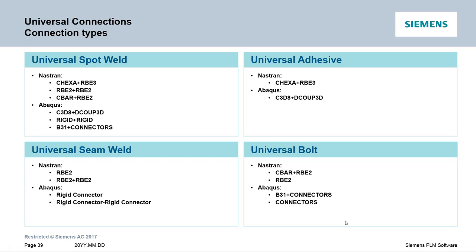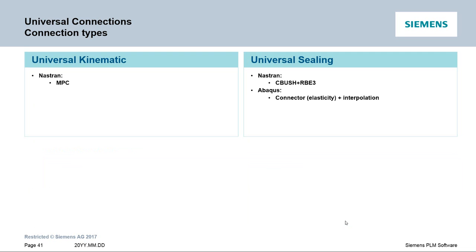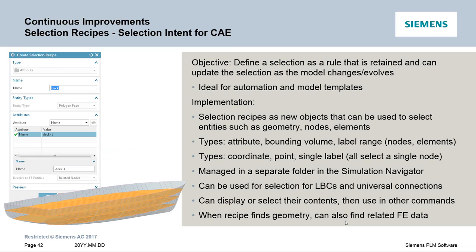So here for universal spot welds for Nastran, you can see that it will write C-hexa plus RBE3s or RBE2s or C-bars and RBE2s. And this is dependent upon the type of elements that you're connecting to as well. So here you can see the different types of universal connections that are created.